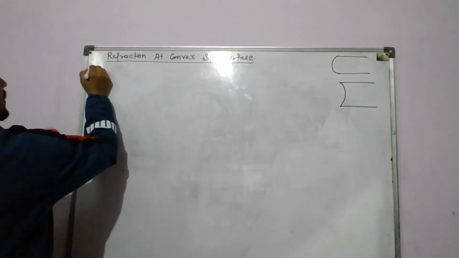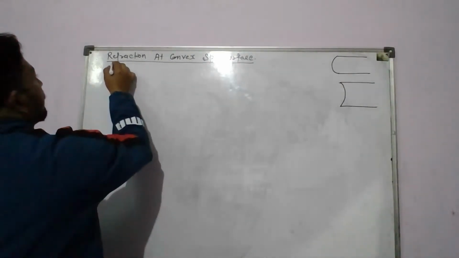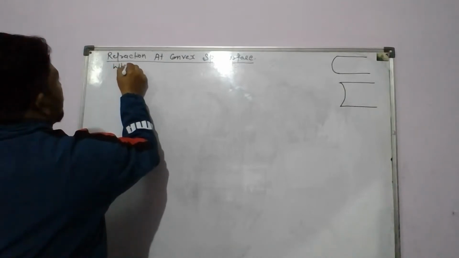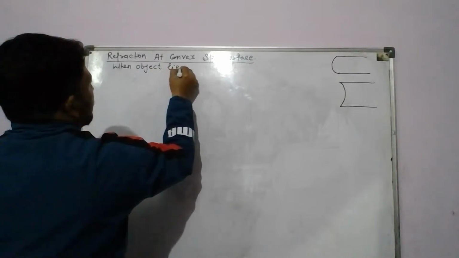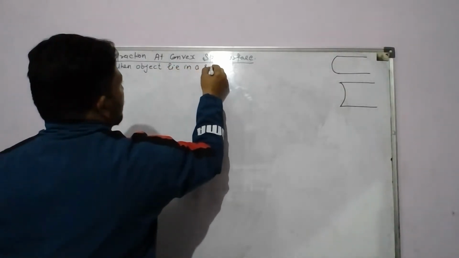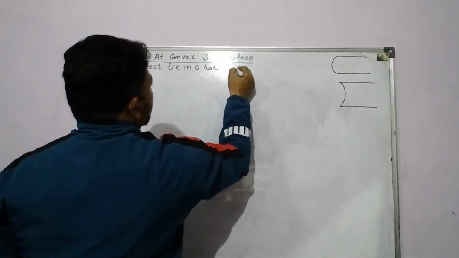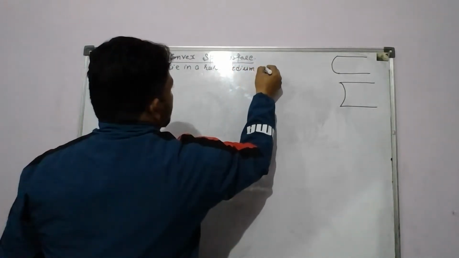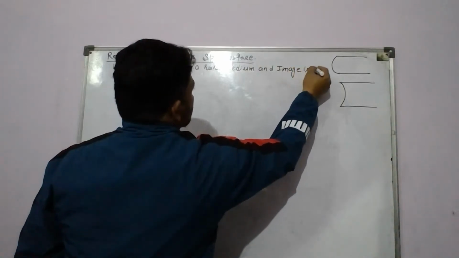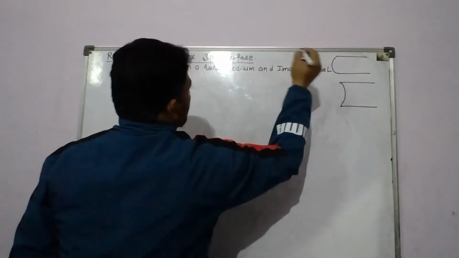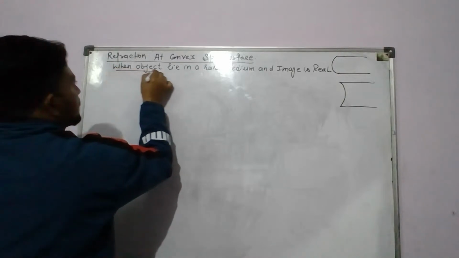The first part is, when the object lies in a rare medium and the image is real.